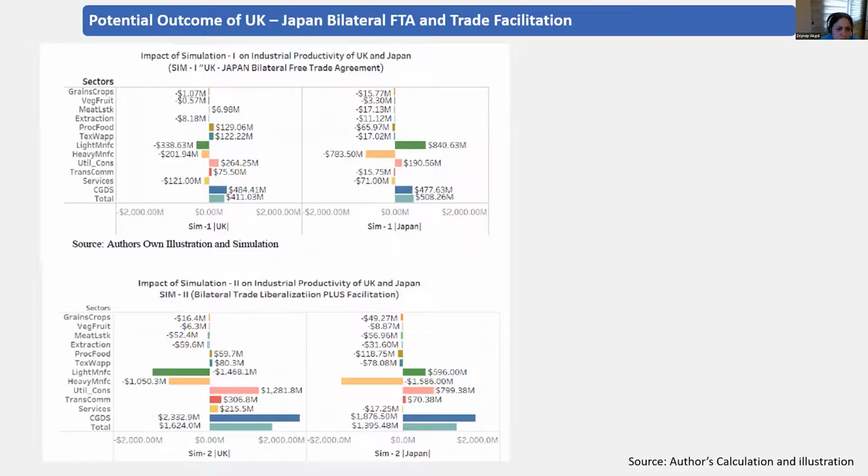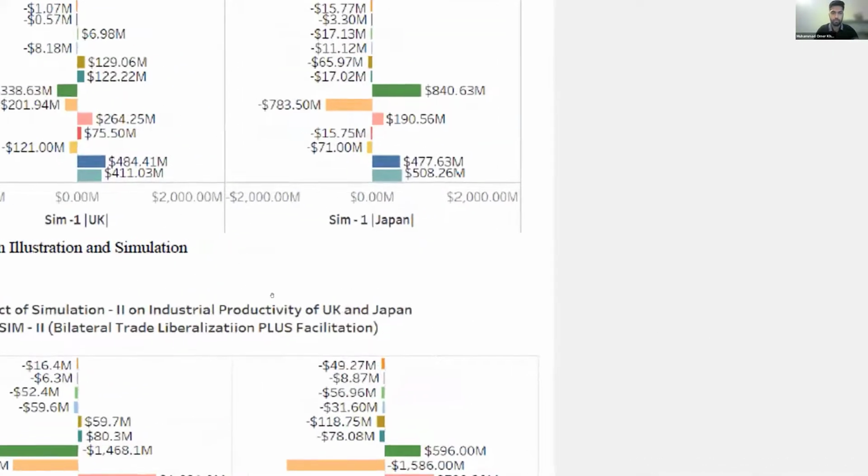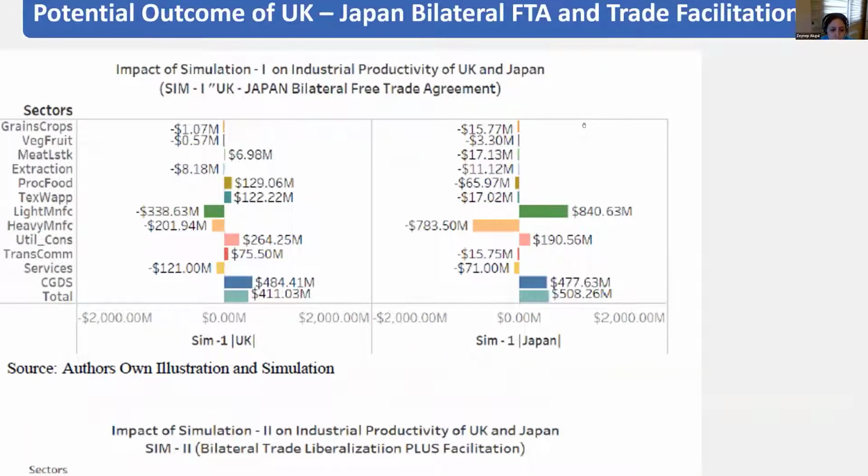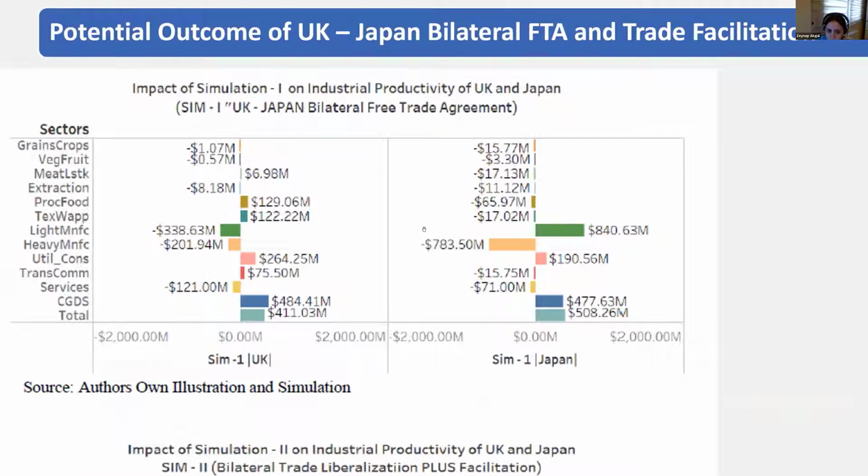Okay, if you want, I can zoom it for you. Yes, thank you. So most of the sectors for UK and Japan have similar changes in productivity levels, but for light manufacturing, it's the opposite. Did you get a chance to look into that?